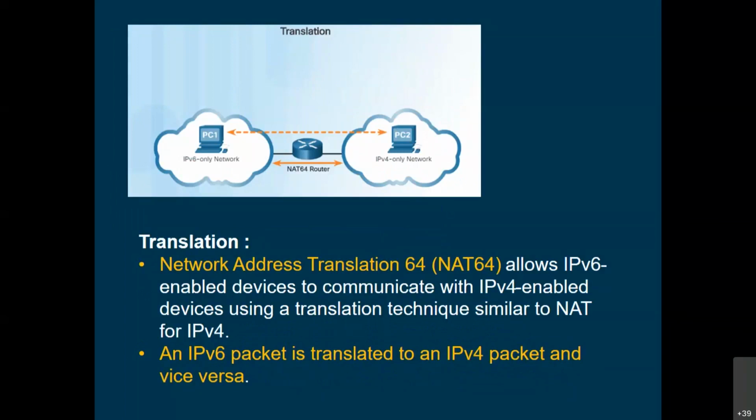But here, NAT64 allows IPv6 enabled devices to communicate with IPv4 enabled devices using a translation technique similar to NAT for IPv4. So I'm talking in IPv6, but if I want to send it to a device that's talking in IPv4, I will translate that into IPv4 so that it can handle it. An IPv6 packet is translated to an IPv4 packet and vice versa. So these are the three ways that IPv4 and IPv6 are coexisting on the world internet.